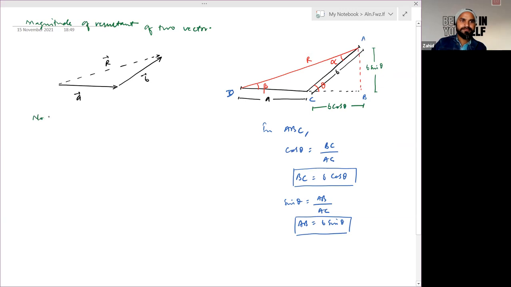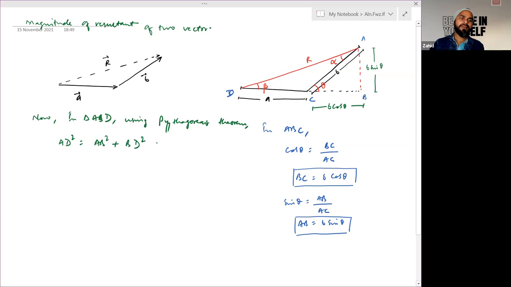Now, in triangle ABD, using the Pythagoras theorem, we can say AD square equals AB square plus BD square.